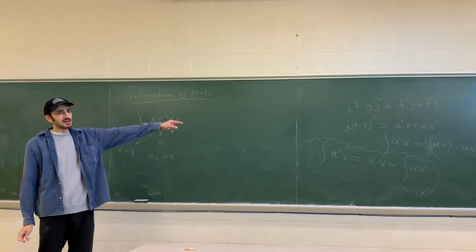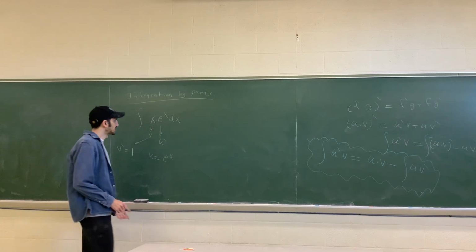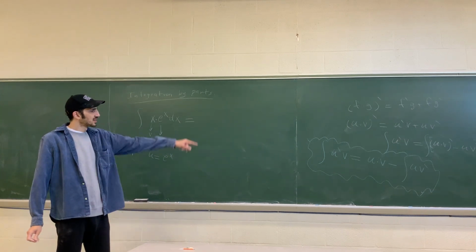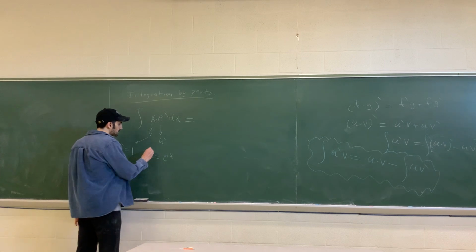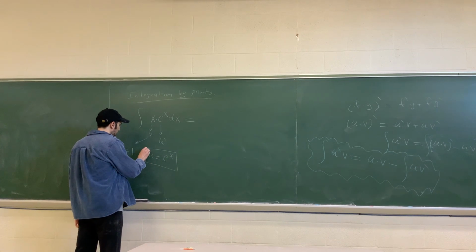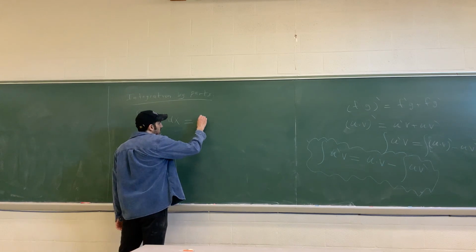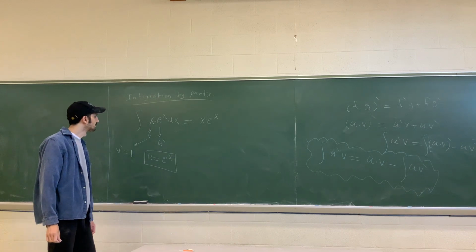Can I apply the formula I have right here? Let's try to apply it and see what we can have in this case. The formula says, take the product u times v. What is u? e to the power of x. What is v? It's x itself. So let's write both of them together here. This is u times v.